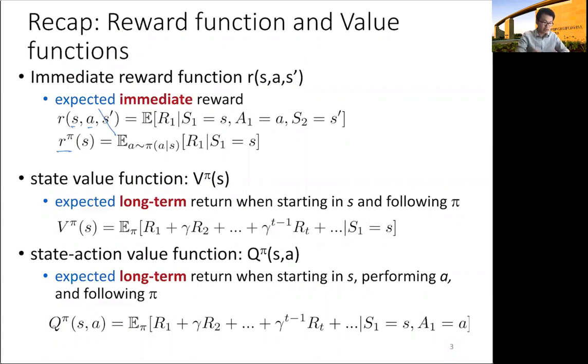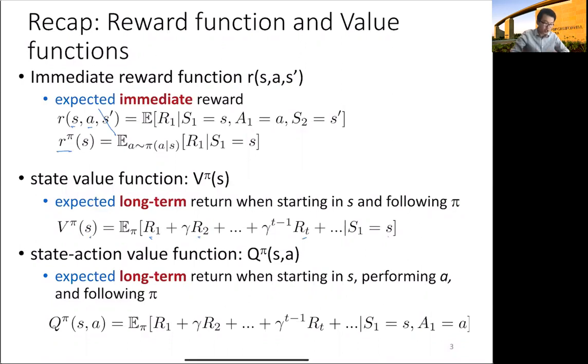All right, and we define the value function. The expected immediate reward is a scalar, and the state value function is a function supported on the state. So in the discrete state case, this is a vector of length the cardinality of the state space, and it is defined from first principles by the expected value of the discounted cumulative reward when you start at initial state s.